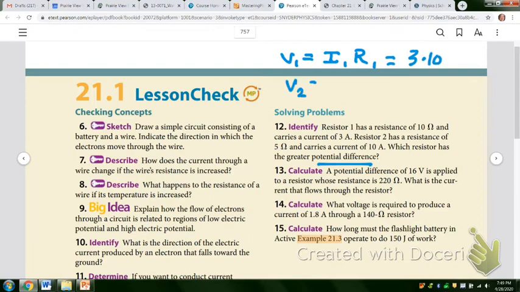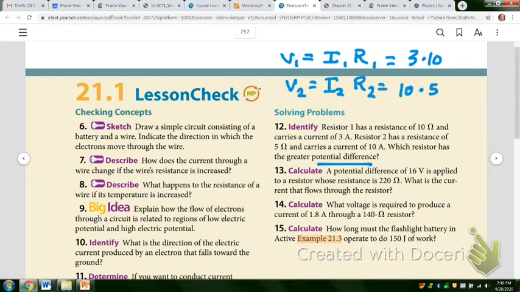And for voltage 2, I'll use the second current times the second resistor. This time we have 5 for our resistance and 10 for our current. So 10 times 5. The question is, which resistor has the greater potential difference, which means voltage? Out of those two, which has the bigger voltage? Well, this one's 50 and this one's 30. So the second one, resistor 2, has a larger voltage. So the answer would be the second resistor has a larger voltage.